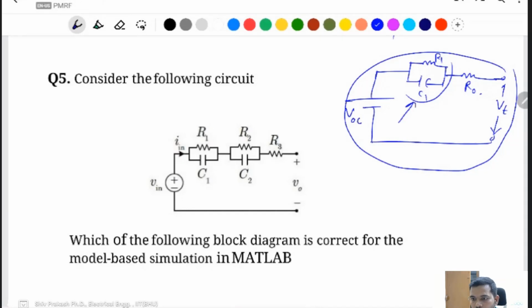If you take more RC parallel circuits, like 2, 3, and 4, then you find the exact equivalent circuit of the battery, and it behaves like a battery.